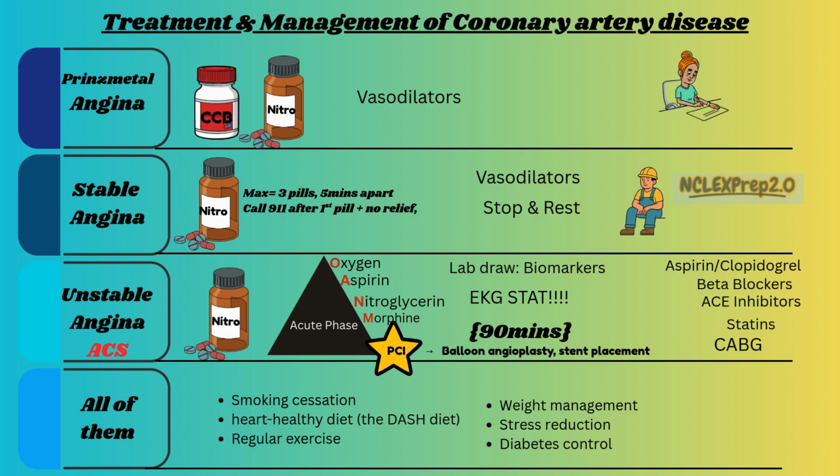And for all of them, of course, teach patients about risk factors like cessation of smoking, healthy diet, the DASH diet, regular exercise, weight management, stress reduction, and diabetes. All of this can lead to injury within the walls of the artery, and this makes the plaques build up around there, and of course, eventually the platelets and the occlusion.